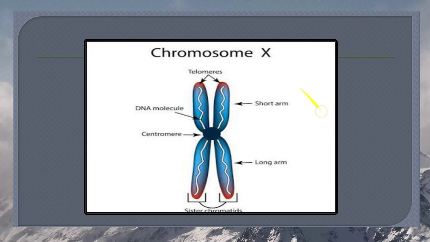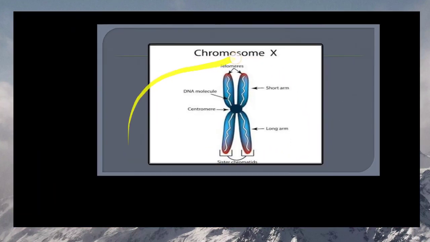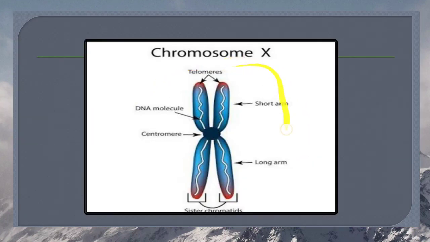Specialized ends of a chromosome are called telomere. Prior to cell division, chromosomes are copied and identical chromosome copies are joined together at their centromeres. Each strand of one of these chromosomes is called chromatid. Joint chromatids are known as sister chromatids.